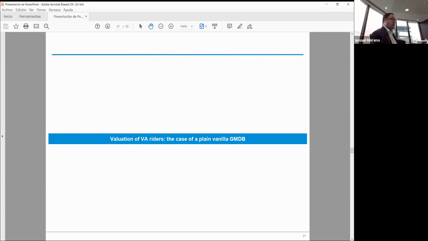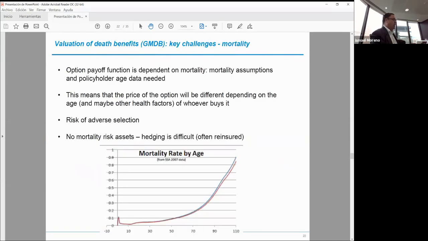We've been using it for valuation, and the value of the guarantee is important, obviously, for accounting purposes, and then for risk management. I'll tell you a bit about that later. So the thing with the GMDB, as we said before, the exoticity of the GMDB is basically the mortality factor, which makes the time to exercise of the option random, stochastic.